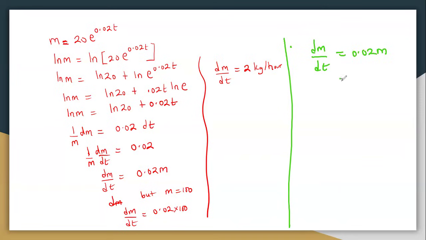When you differentiate here, you are getting 0.02 times the 20 e^(0.02t). What did you end up with? 0.02 times 20, you ended up with 0.4 e^(0.02t). Now, they told you your m is equal to 20 e^(0.02t).